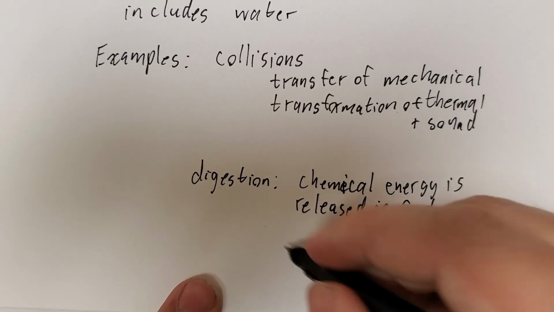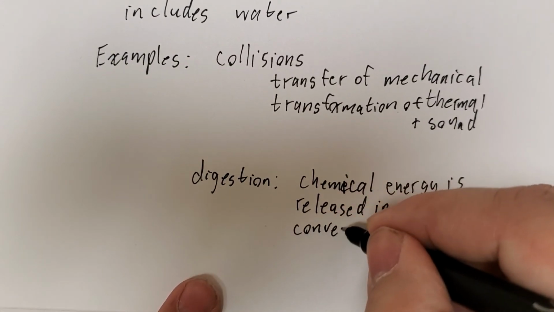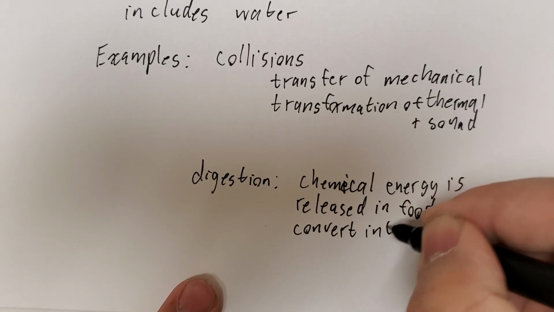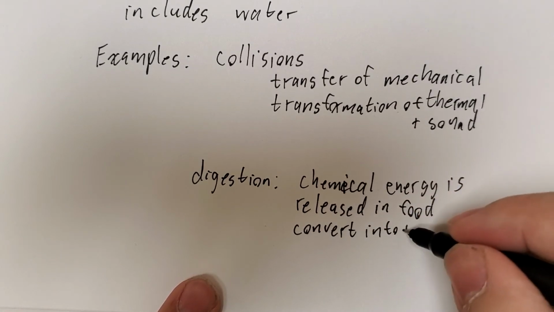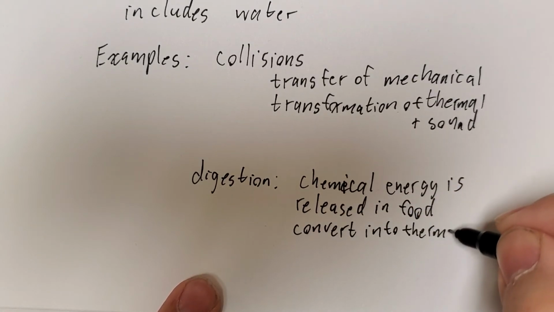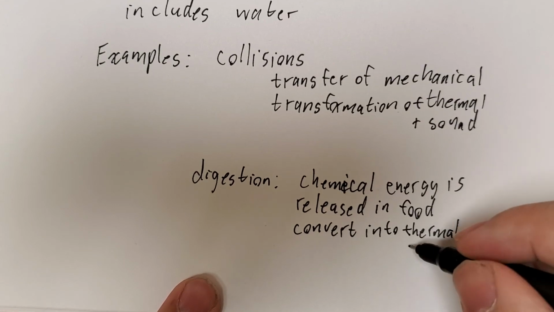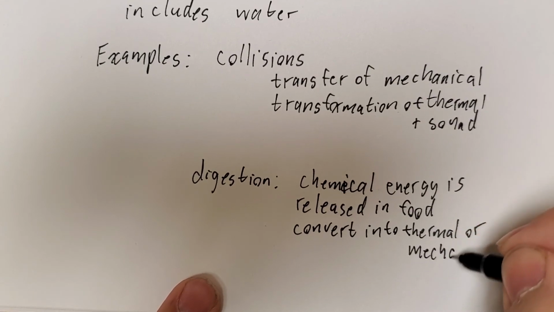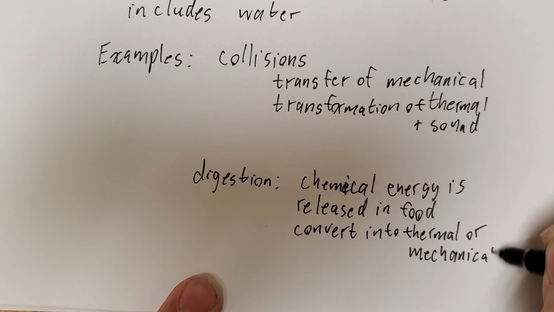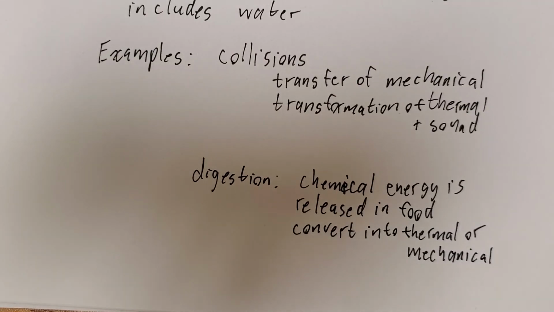We absorb it and then convert it into things like thermal or mechanical, right? We turn that food energy or that chemical energy into what keeps our bodies warm, into our movements and things like that, right? So again, you can't get energy from nothing, and you can't have the energy go into nothing. It all has to be conserved.